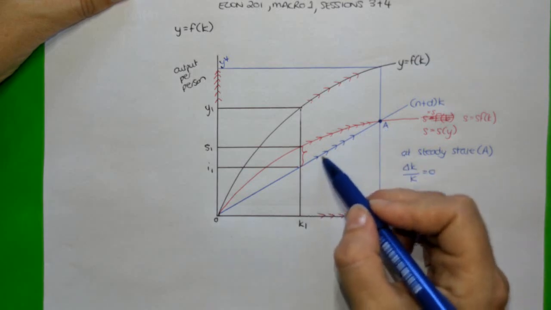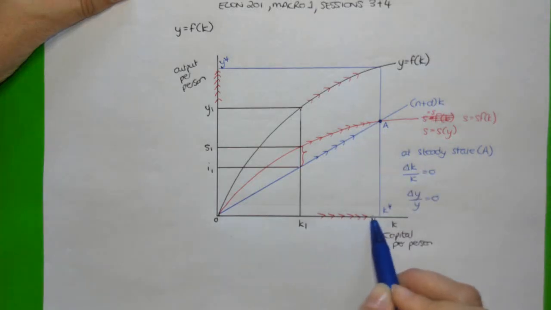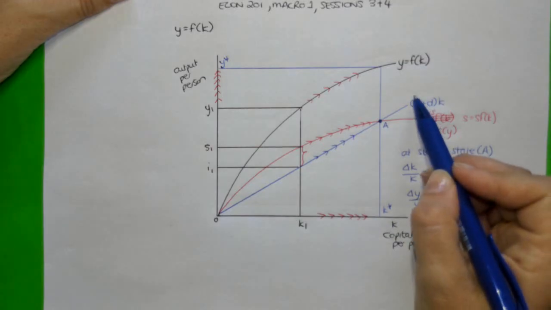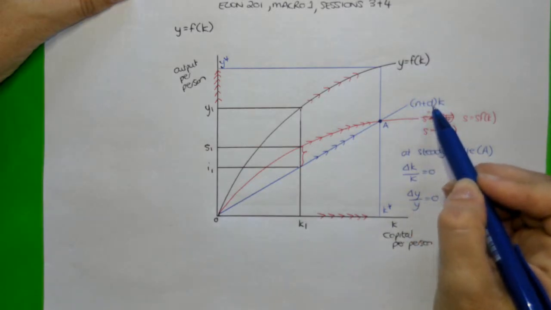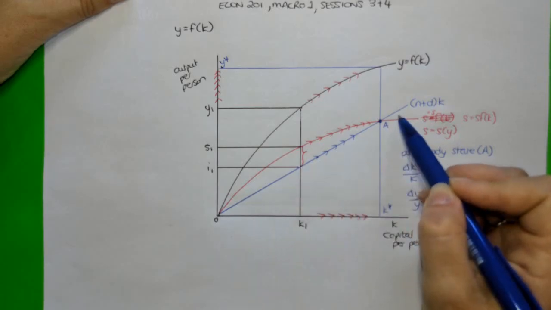And in particular, the rate at which the amount of investment needed to maintain these higher capital to labor ratios increases is equal to the population growth rate plus the depreciation rate of capital. That's the slope of this investment requirement line.